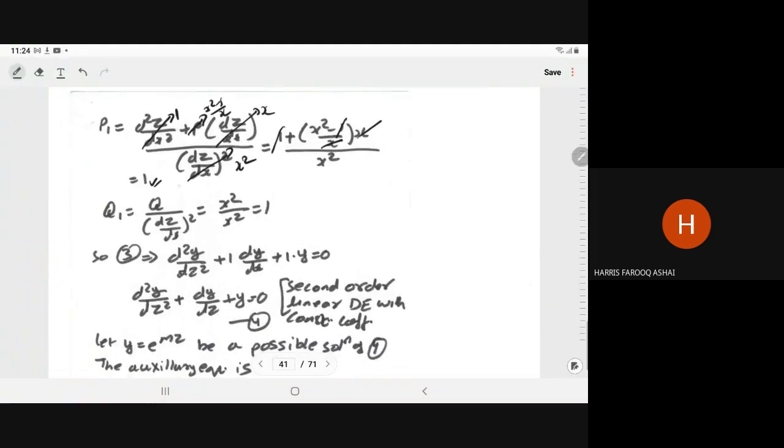And 1 is a constant, right? And q1 is q upon (dz by dx) whole square. So x square upon x square is 1, and this is also a constant.